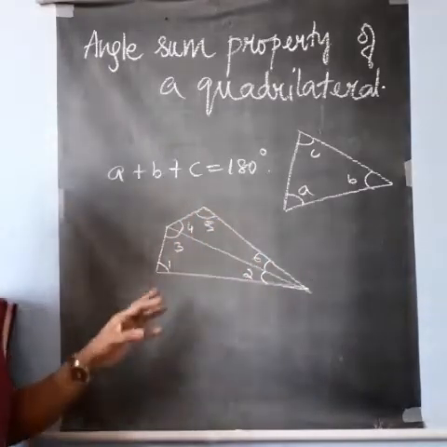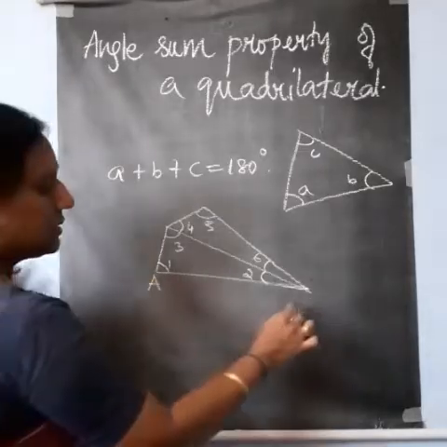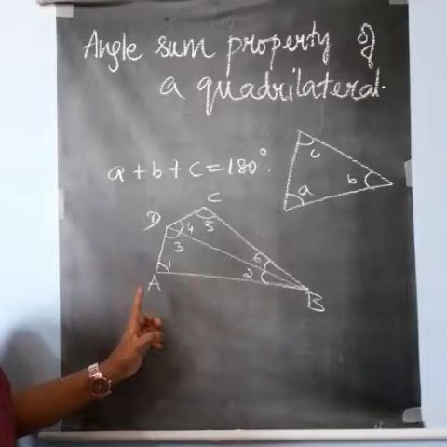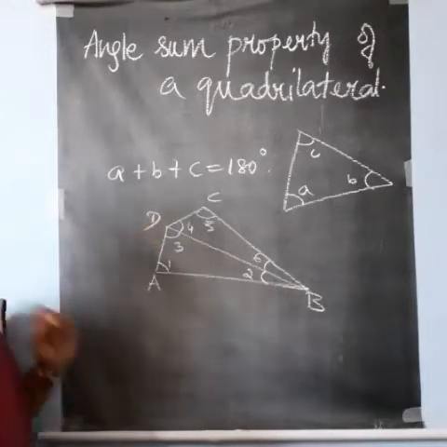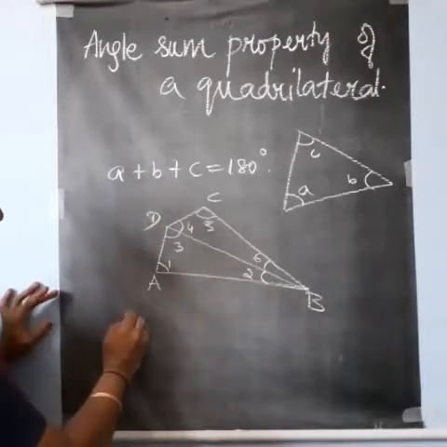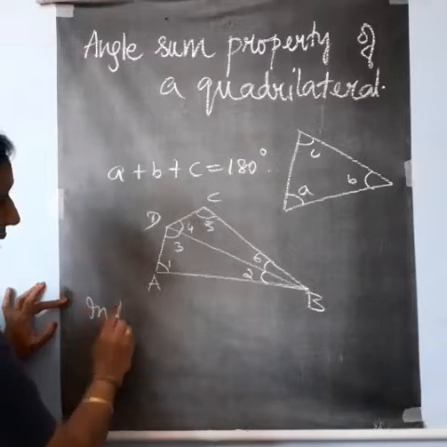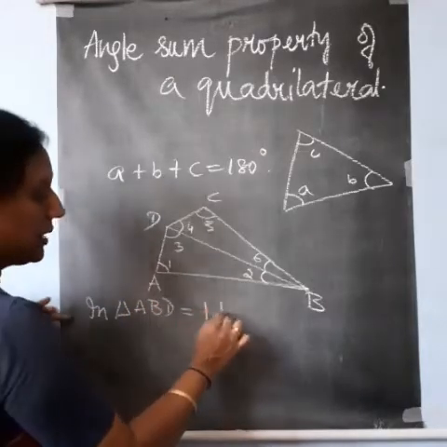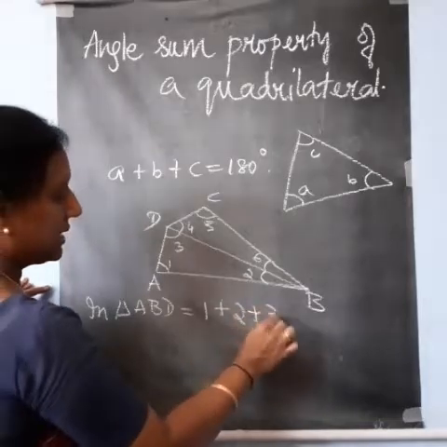So, what is the sum of angles in triangle ABD? What is that going to be? In triangle ABD, what do we find? We find 1 plus 2 plus 3.